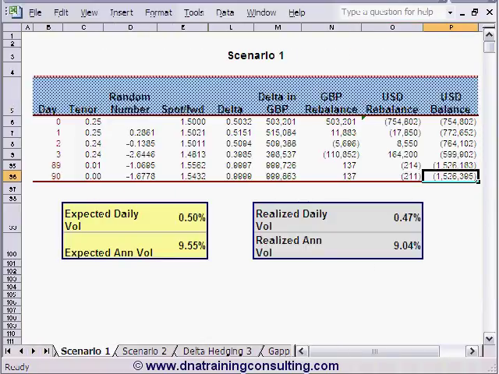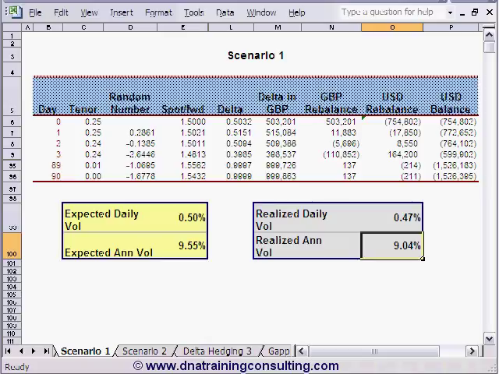Let's illustrate. You will note in this particular example that we saw earlier for scenario 1, the trader expected a vol of 0.5 and proceeded to price the option on the assumption, therefore, of an annualized expected vol, shall we say, of 9.55%, or 10%, or whatever, but the actual realized vol that Excel generated from its process was very slightly lower in this case, 0.47% daily and 9.04% annualized.